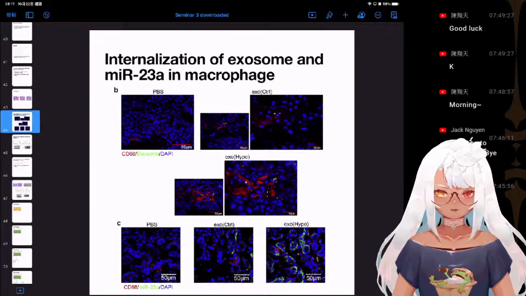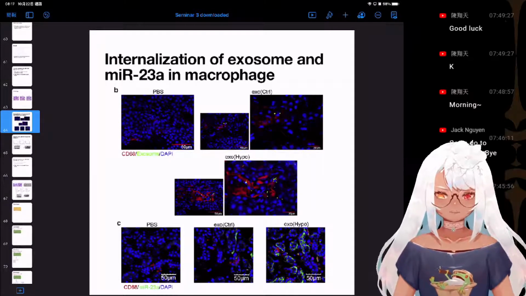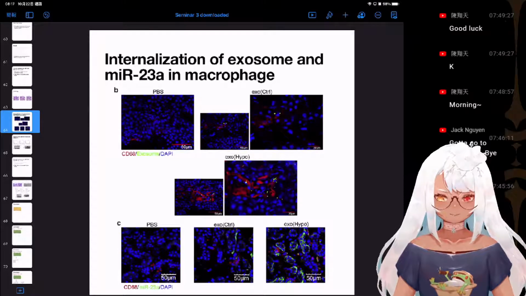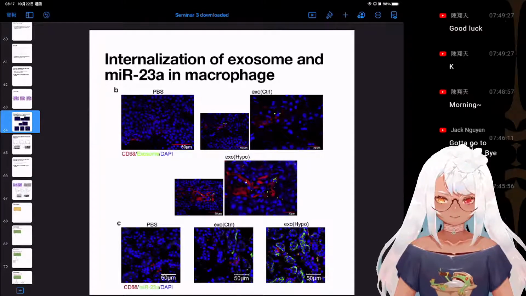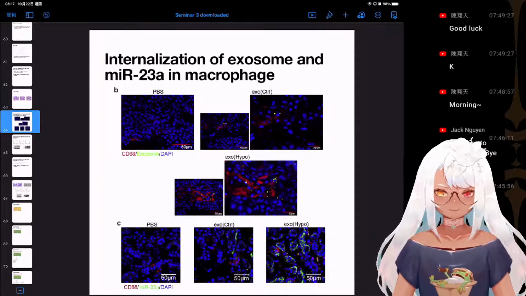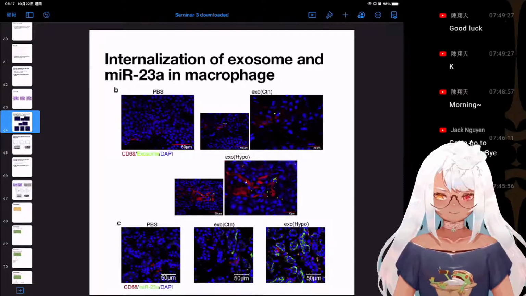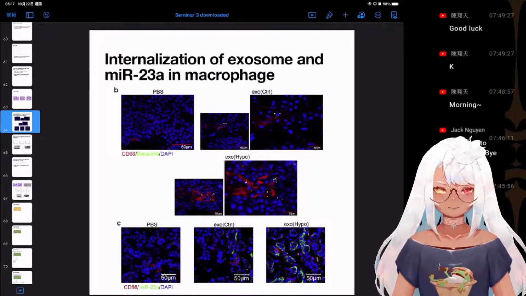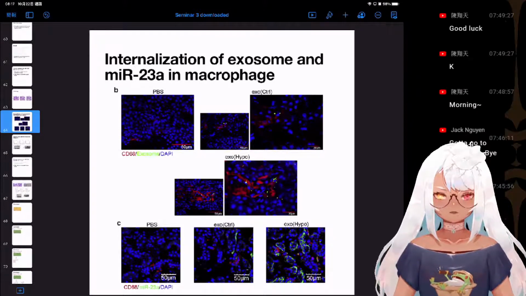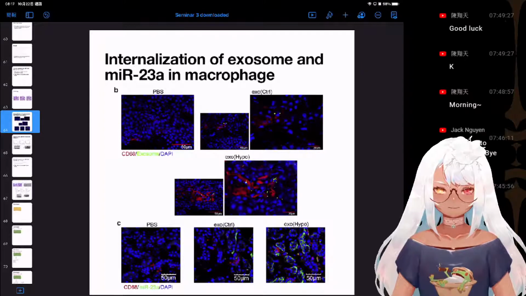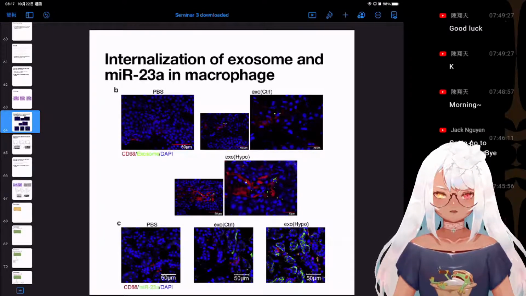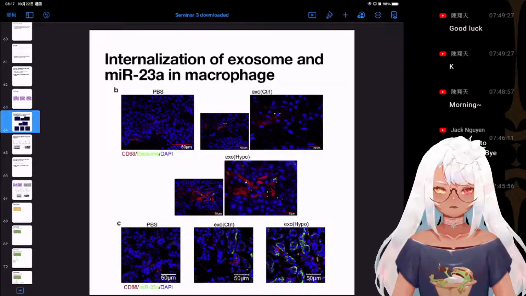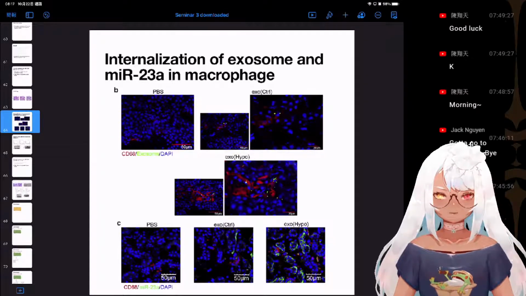As we can see that compared with the control exosome group, in the hypoxia exosome group, there's a significant increase in the exosome inside CD68 macrophage, and also there's an increase in the internalization of mitochondria in the macrophage in the hypoxia exosome group.